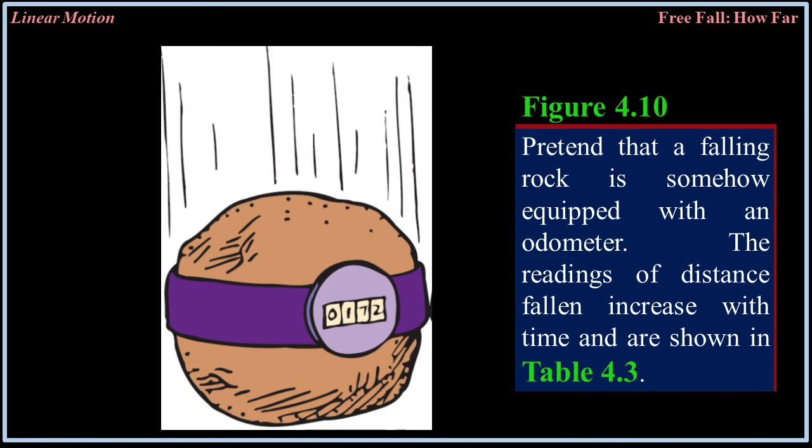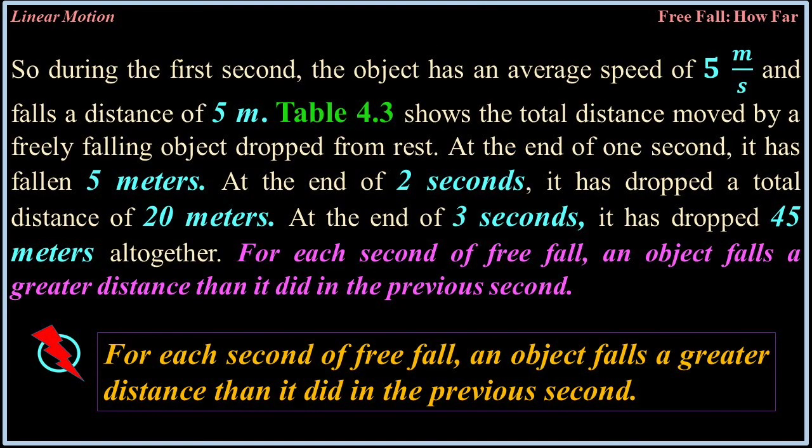Look at it carefully. So during the first second, the object has an average speed of 5 meters per second and falls a distance of 5 meters. Table 4.3 shows the total distance moved by a freely falling object dropped from rest.